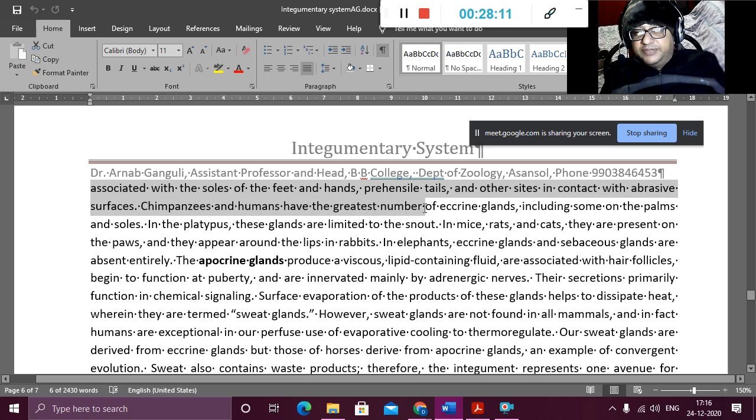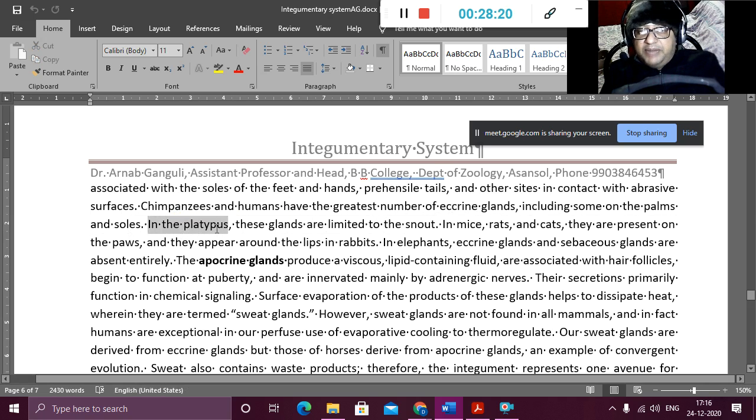Chimpanzees and humans have the greatest number of eccrine glands, including some on the palms and soles. In the platypus, these are limited to the snout. In mice, rats and cats, they are present on the paws and they appear around the lips in rabbits. In elephants, eccrine glands and sebaceous glands are entirely absent.